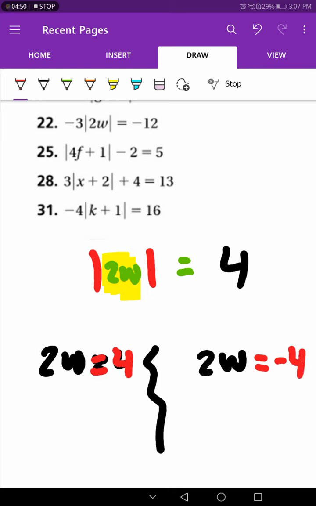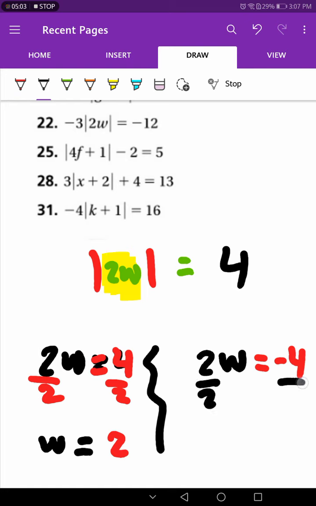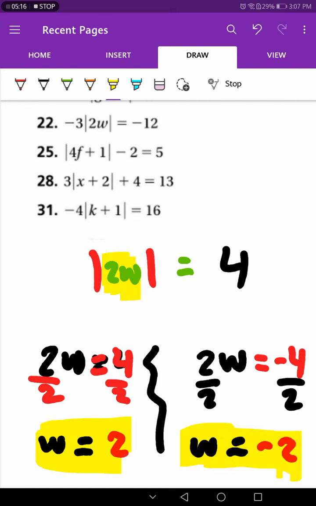Now divide by 2, so w equals 2, and divide by 2, so w equals negative 2. So both of them are the solution.